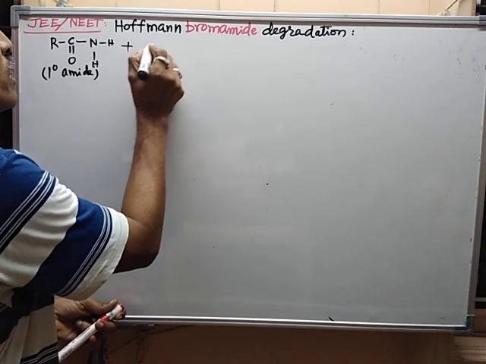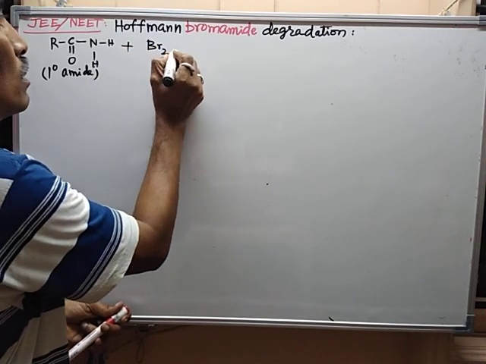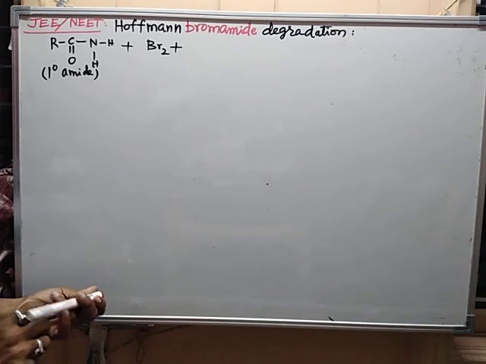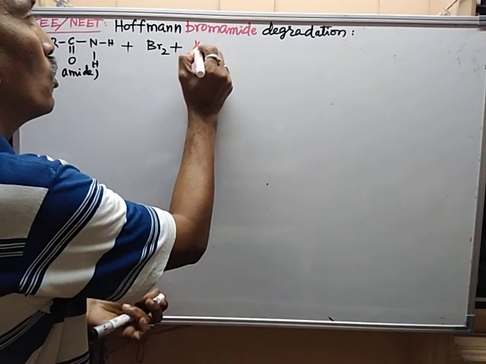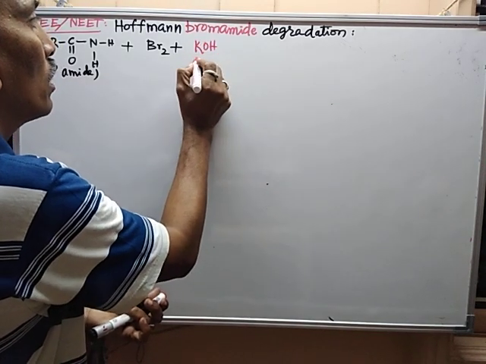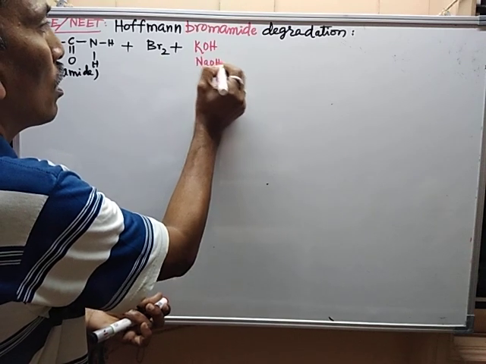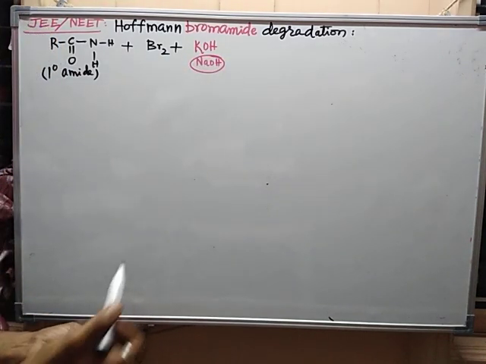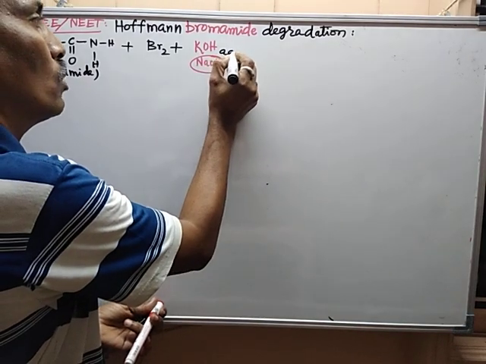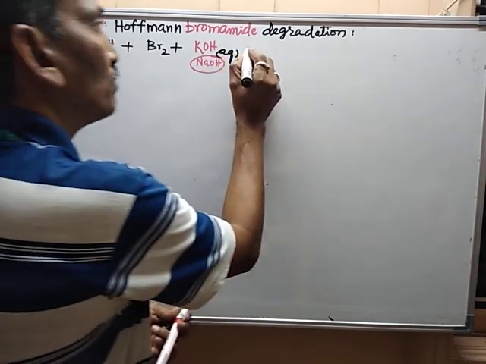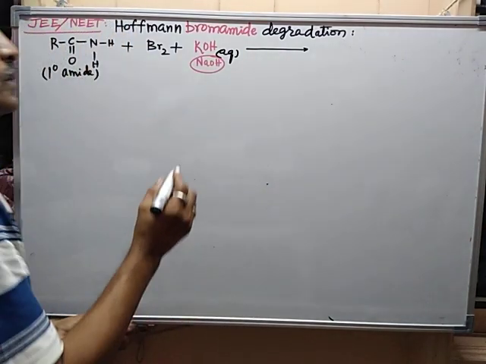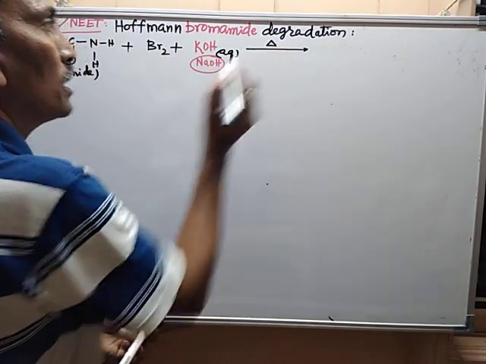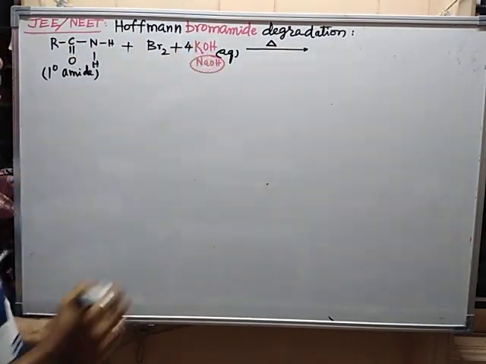It is treated with bromine and an alkali. That alkali is either KOH or NaOH. Both are the same or similar in working action, dissolved in either water or alcohol. The reaction mixture is heated, and this is 4 moles as per balancing.